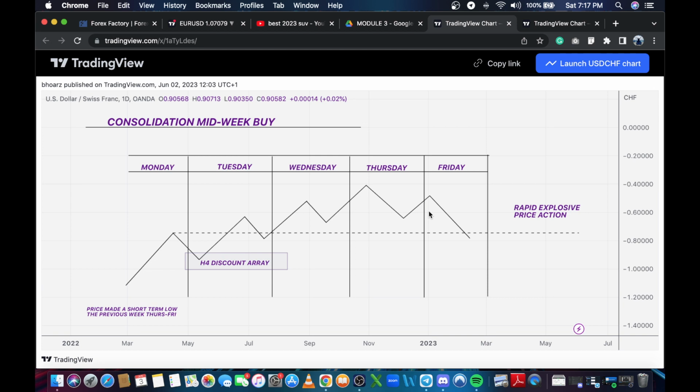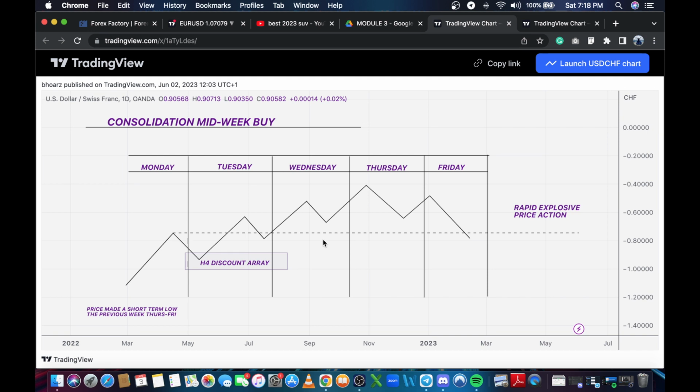Now, the difference between this and the classic, all the other examples I've used in which all the setup forms or originates from a higher time frame profile, is that with this type of profile, a lot of times the retracement during the midweek, which is Tuesday, Wednesday going to Thursday, will occur around a higher time frame level.